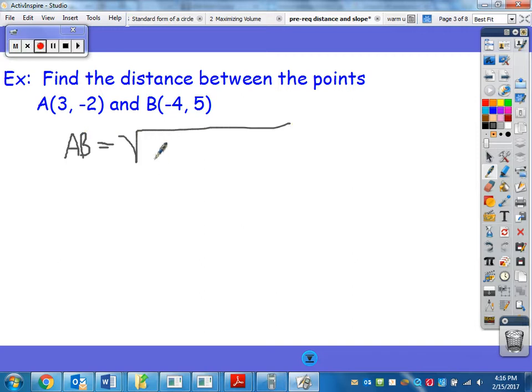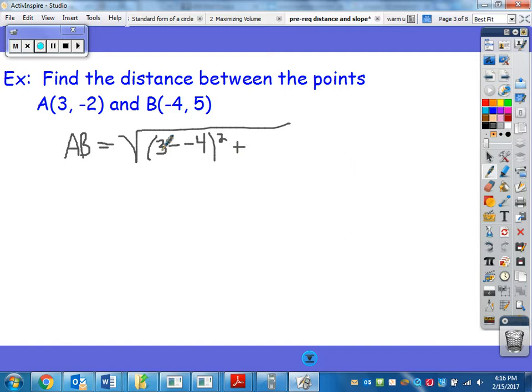Alright, so we need to plug it into our formula, x minus x. In this case, our x coordinates are 3 and -4. So 3 minus -4, in parentheses squared, plus our y coordinates. Now this is where I have to pay attention to the order.